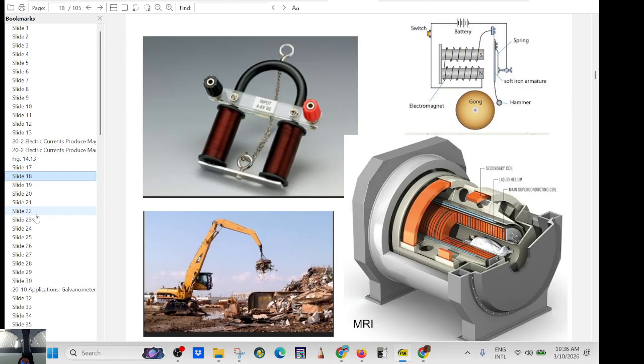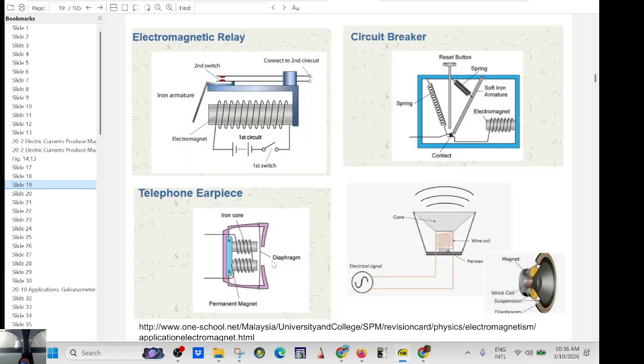It's the same thing. Okay, application: MRI is a huge electromagnet. These are electromagnet speakers here. You can do that experiment also. That coil here is going to behave like a magnet. And because this is AC, the current is going to go in one direction, the other direction, one direction, the other direction.